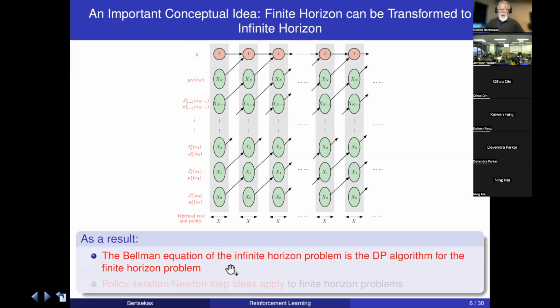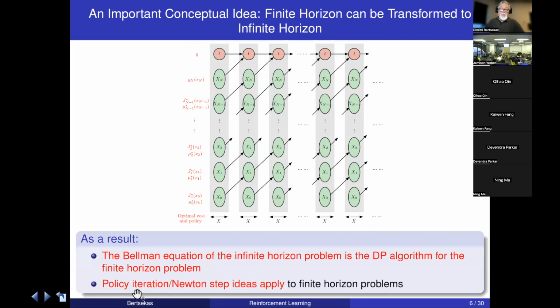And the interpretations we gave for Bellman's equation, like the Newton step and so on, they apply also to finite horizon with this transcription. In other words, a Newton step on the Bellman equation of the infinite horizon problem is a Newton step on the dynamic programming algorithm of the finite horizon problem. It's more complicated. You can't visualize it, but it is there.